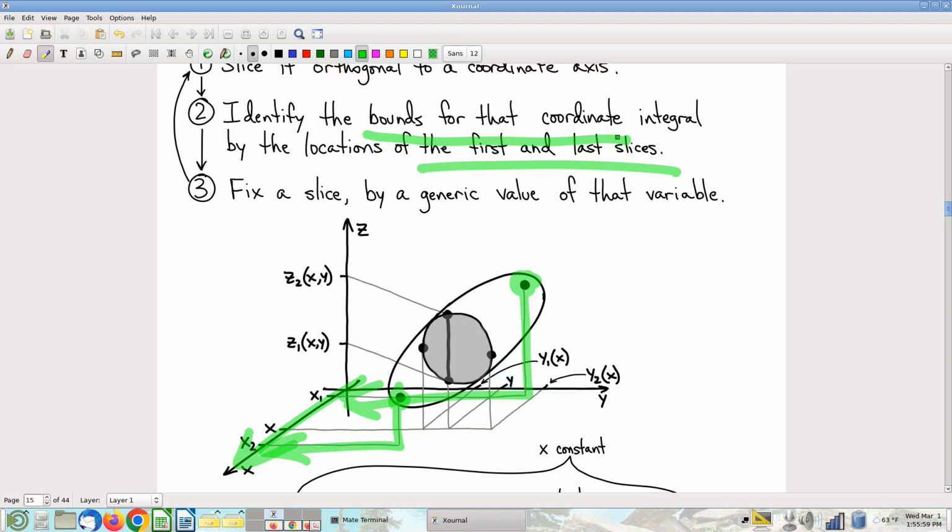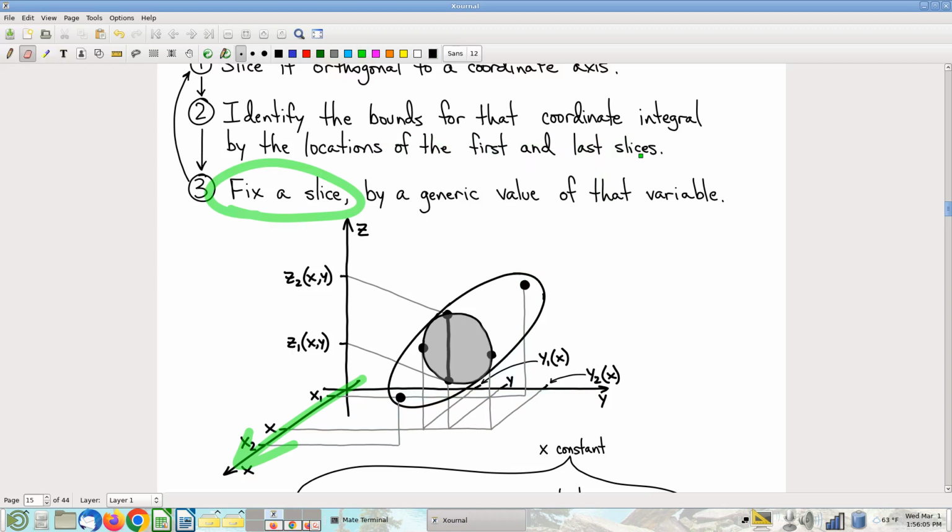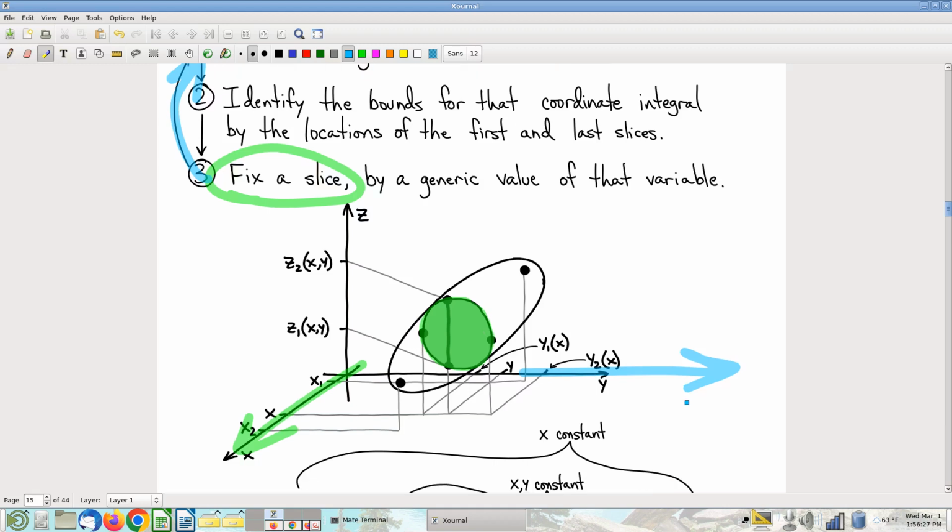And once you have those bounds, you then fix a slice, a generic slice. Fix that generic slice, and then move back to the beginning and repeat the whole process, this next time for the next variable. Arbitrarily, doesn't matter, here I'm going to do y next.